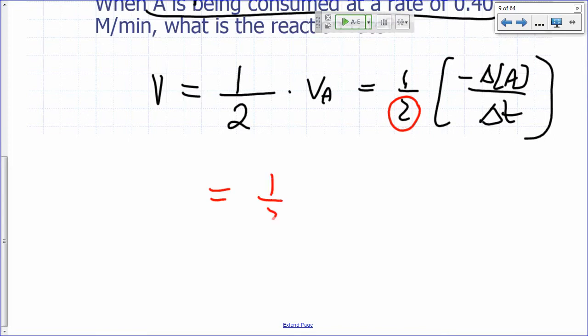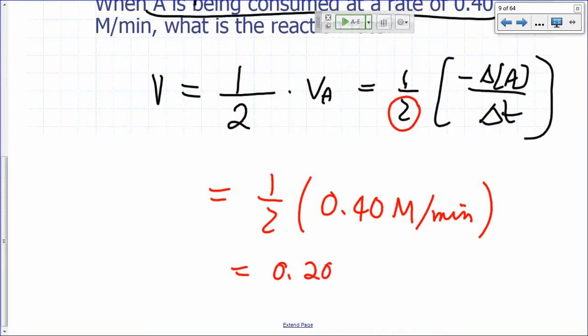So that's equal to 1/2 of 0.40 moles per liter per minute. So we say the rate of the reaction is 0.20 moles per liter per minute.